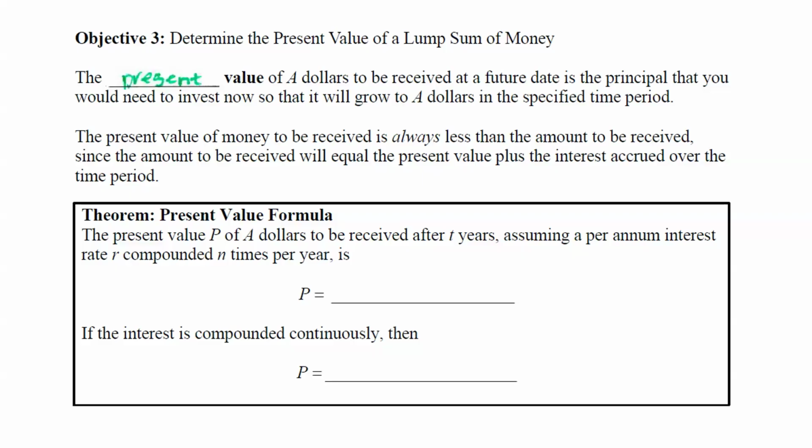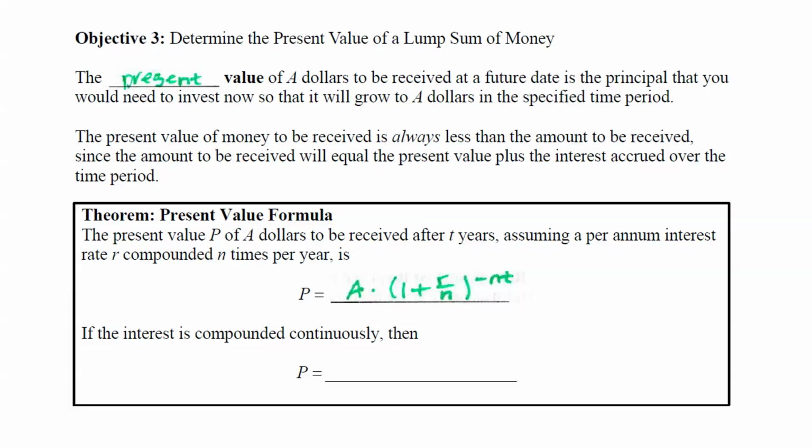So the present value formula states that the present value P of $A to be received after T years, assuming a per annum interest rate R compounded N times per year, is P equals A times the quantity 1 plus R divided by N raised to the power negative NT.